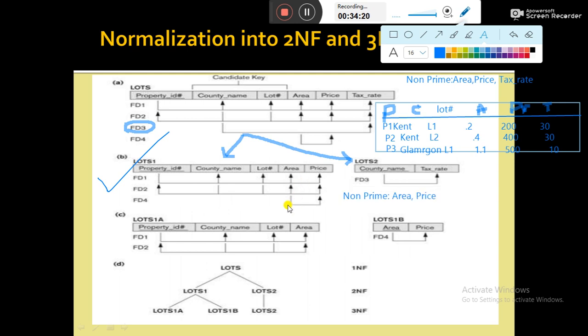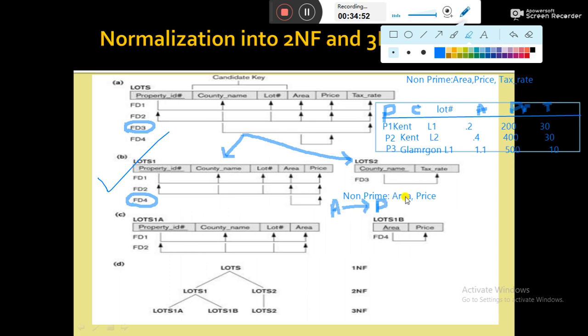Now, if you look at functional dependency 4, FD4, what it says is that area, I am writing it in short, A for area, arrow, P for price. Area arrow price is there. That means price is dependent on area.